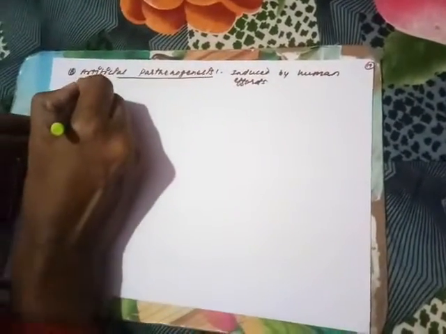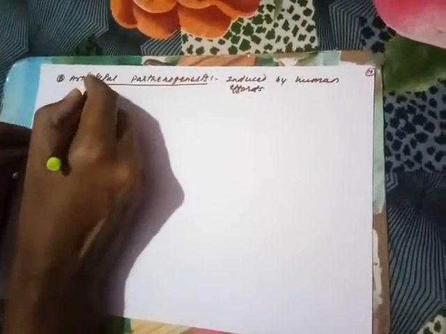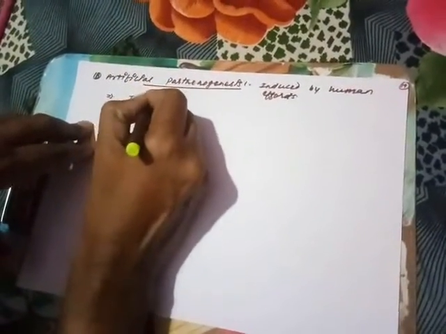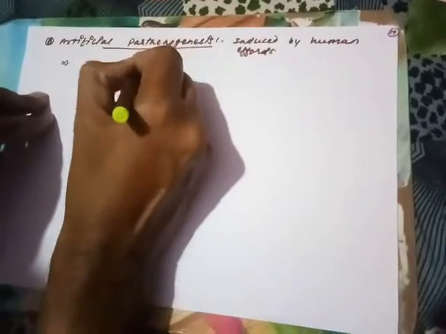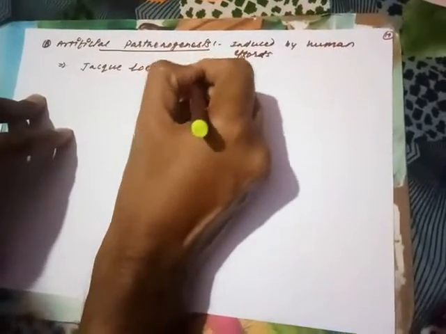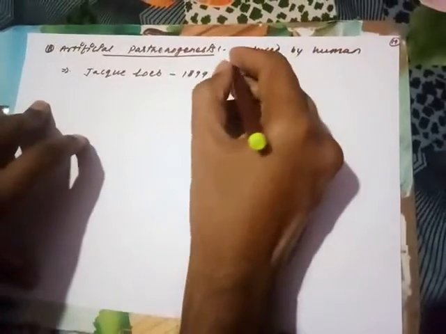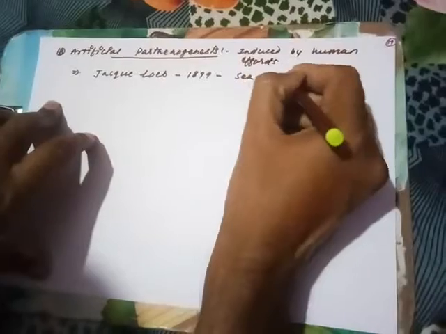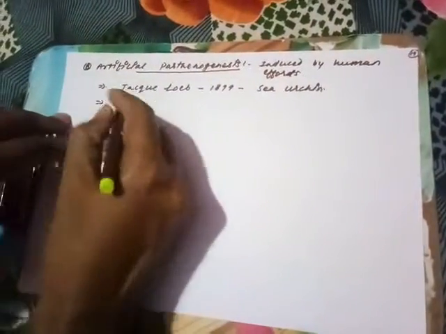The first time it was performed by Jacques Loeb in 1899 in sea urchin. Secondly, it was performed by Bataillon.